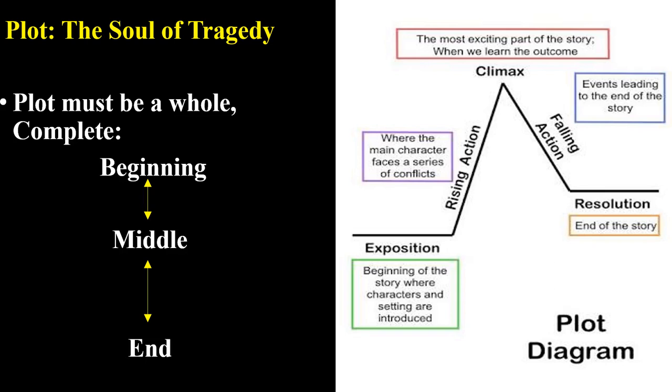The plot involves the arrangement of incidents, as explained earlier, and all those events and incidents are arranged into a coherent pattern. And in this process of arranging things into a perfect pattern, the issues of inevitability, probability, and necessity come in.